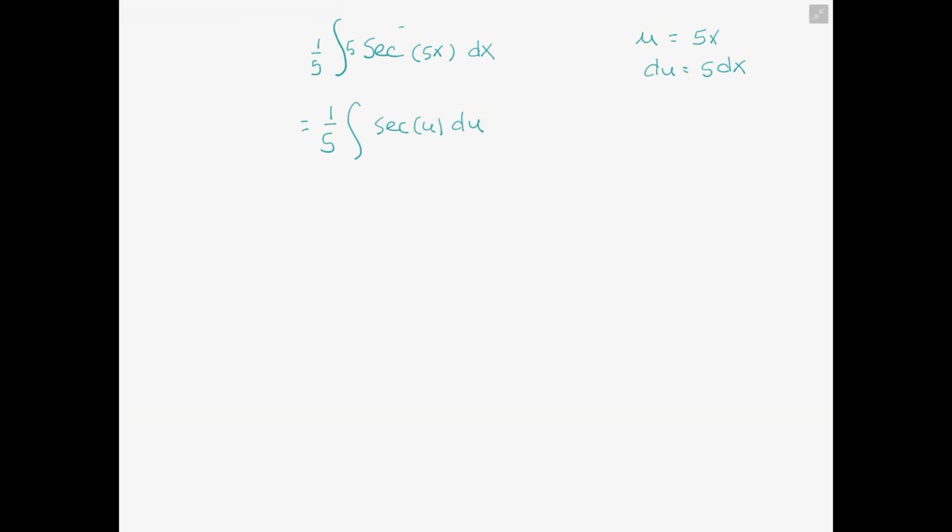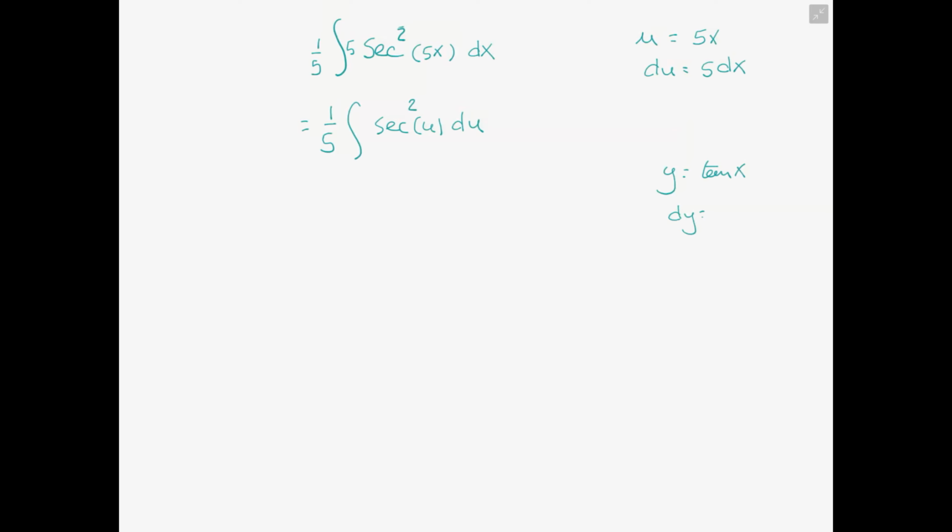We're not ready to do this one yet, this power. We're going to make that a square. I apologize. So this is secant squared. I misread that as a 5. I must be needing better glasses.